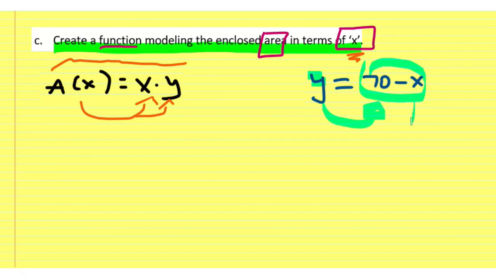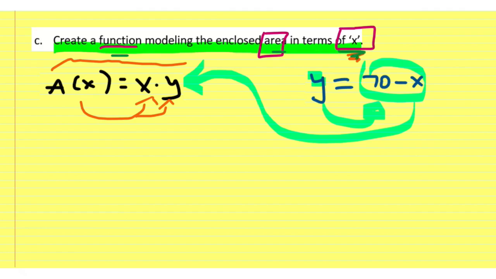So I can now take this expression and I can substitute it in for the y, and that is going to help us to meet our goal of having a function for the area that is only in terms of one variable, the x. So when I substitute that expression for y in, the area function in terms of x is equal to x times this expression for y, which is 70 minus x.